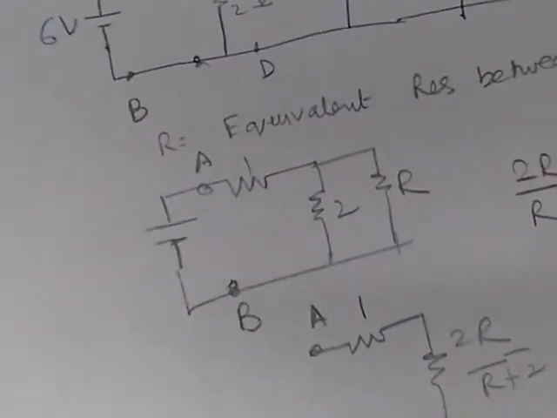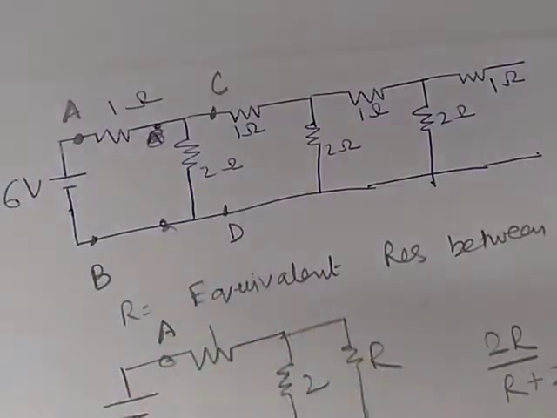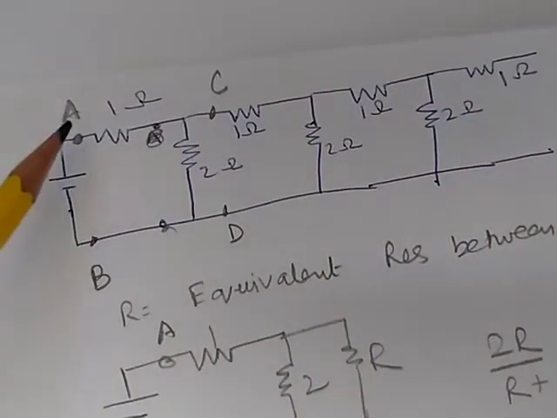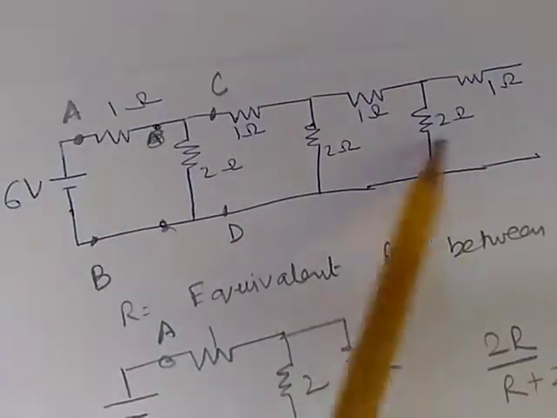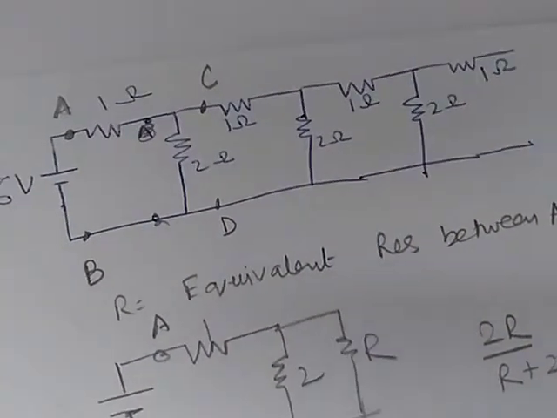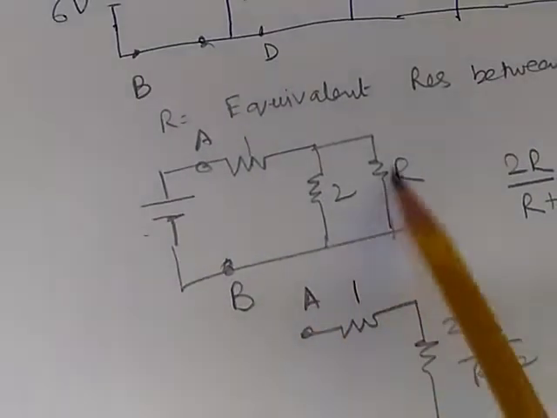So what it means is that we can replace this whole circuit going to infinity, assuming that the resistance looking between A and B is R, by a resistor R. And when we do that, our circuit simplifies to this.